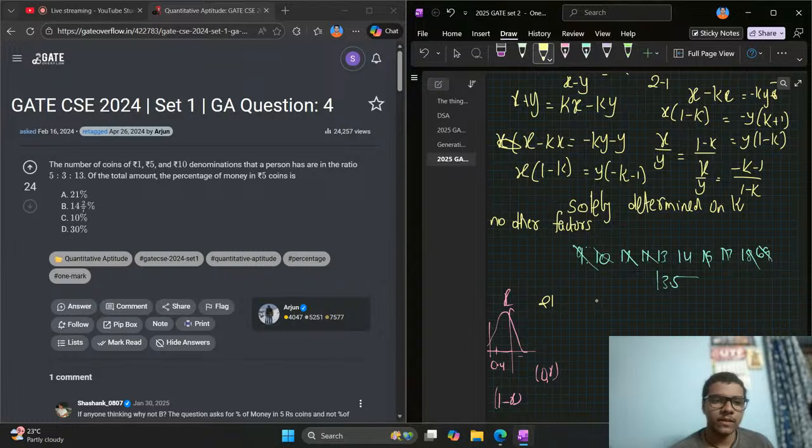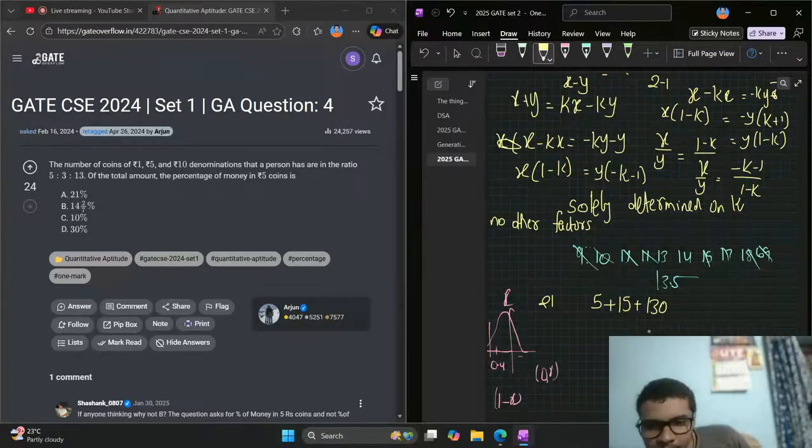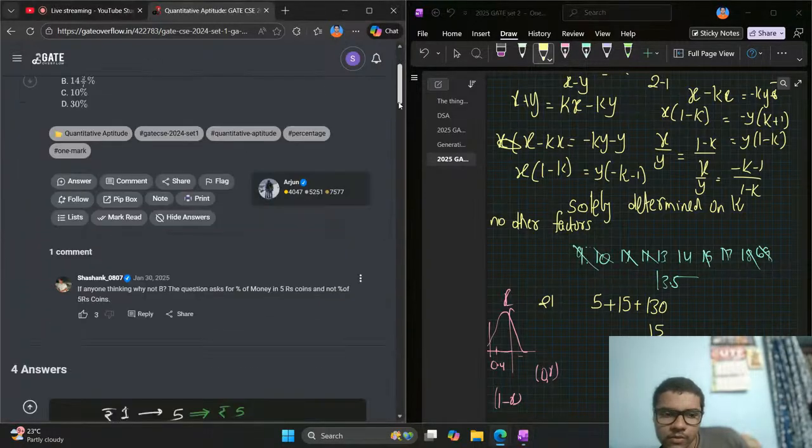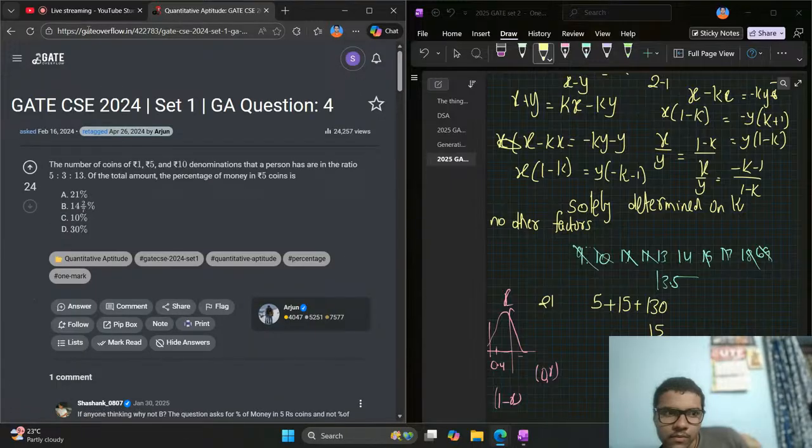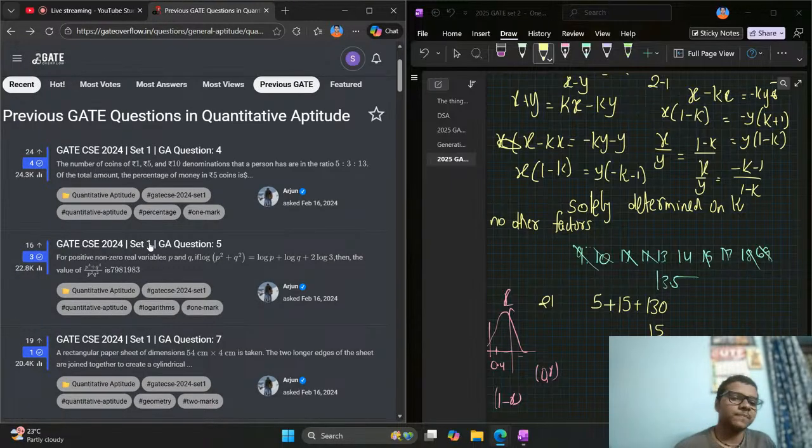What is the total money? 5 rupees plus 5 into 3, 15 rupees plus 10 into 3, 130 rupees. So the percentage of money of 5 rupee coins is 15 by 150, 10% if I'm not wrong. C is the answer.